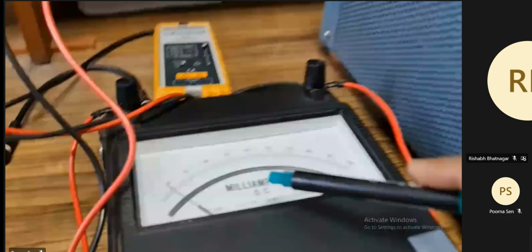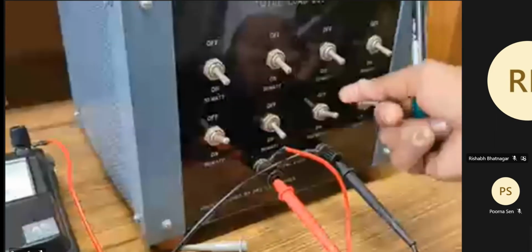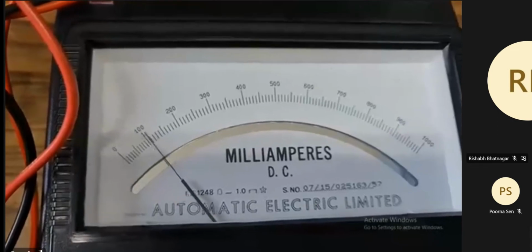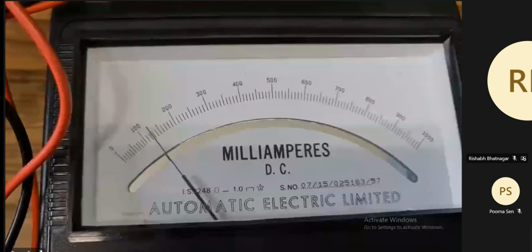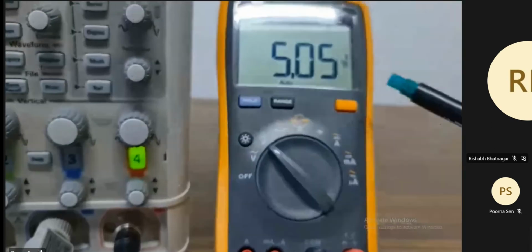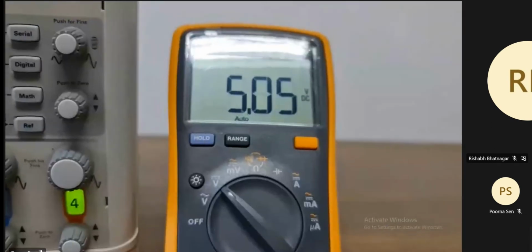Now I am putting a load on the system. When I increase the load, you can see the load current change to roughly 120 milliamperes, and at that point the load voltage is maintained at 5 volts only.